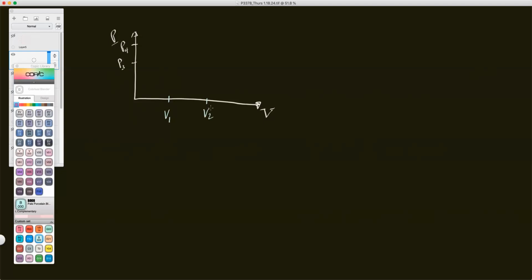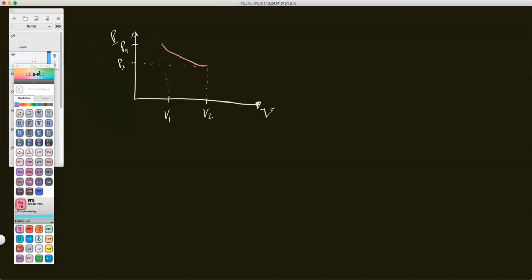For an isotherm, it's a curve and it's kind of hard to draw, so I'm going to draw these little dotted lines to help me. It's a nice curve, it's not a line.